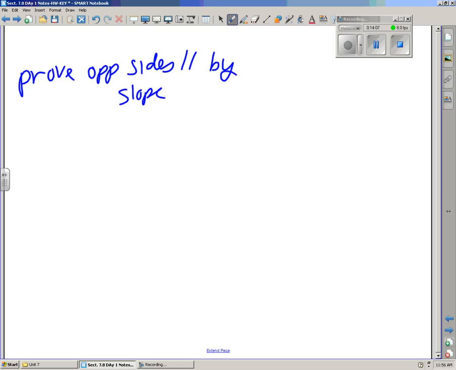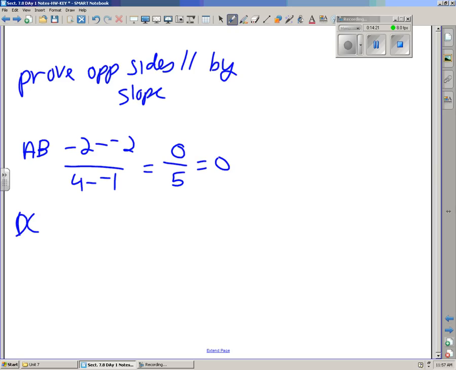So what's going to happen here is I'm going to go slope of AB is negative 2 minus negative 2 over 4 minus negative 1, which equals 0 over 5, which equals 0. I'm going to go for DC, which is negative 8 minus negative 8 over 4 minus negative 1, 0 over 5, which is 0. Well, that's the same.